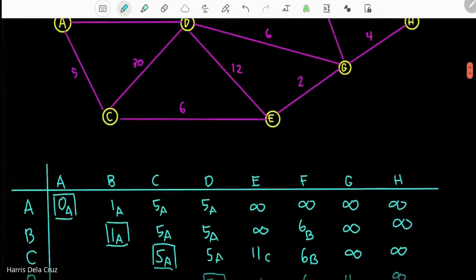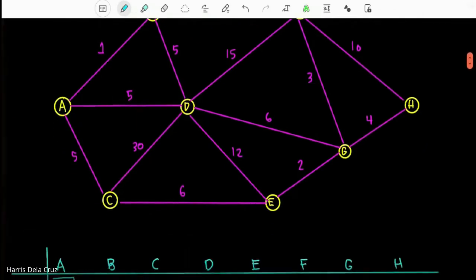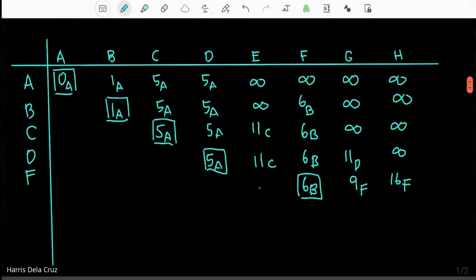Now, E cannot be reached from F directly, so we will keep the label of E. Next, the smallest temporary label is G. So we are going to fix that label. So we write 9F for the permanent label of G.